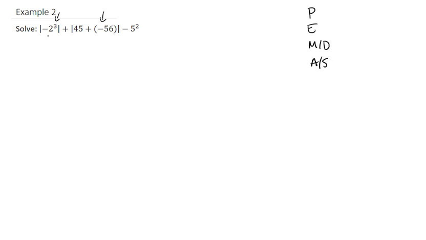So for this first one, we only have one operation, which is the exponent, which is 2 to the third, because that negative sign is not attached to that exponent, so it's only the 2 that is being multiplied. So we go 2 times 2 times 2. So 2 times 2 is 4, times another 2 is 8. So if we go back, we'll rewrite this one as negative 8.